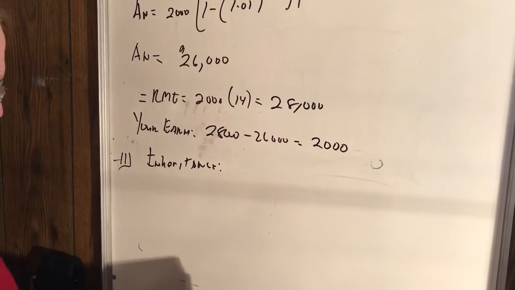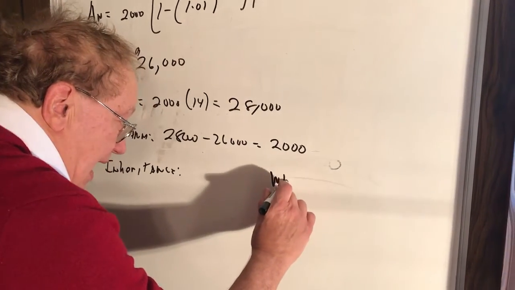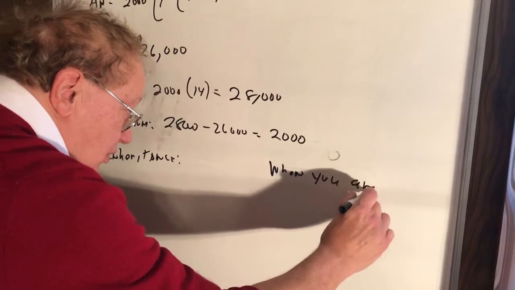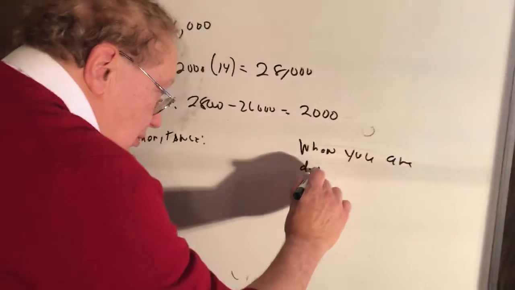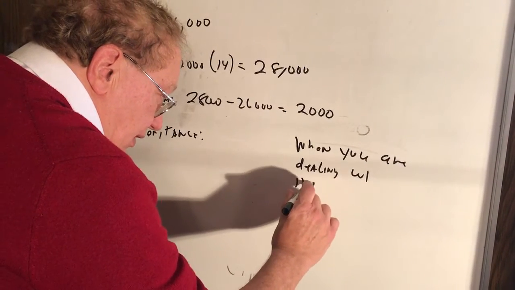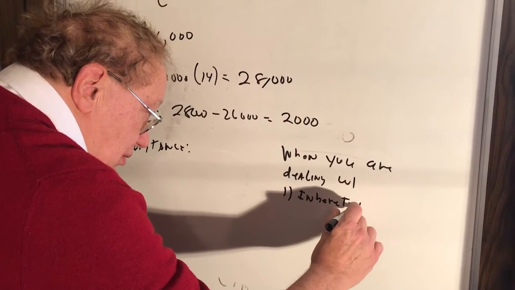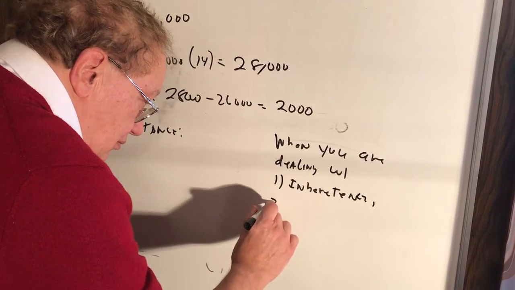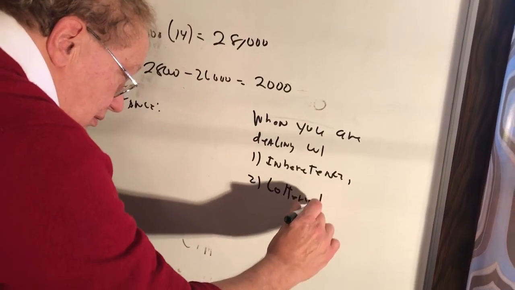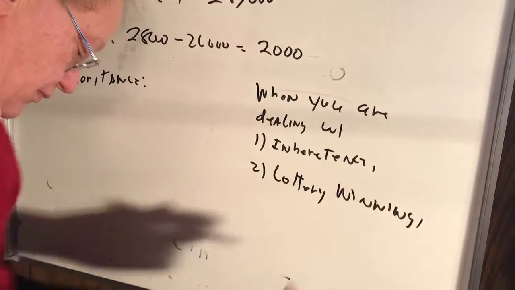So, let's make a generalization. When you are dealing with inheritances, lottery winnings, what else?